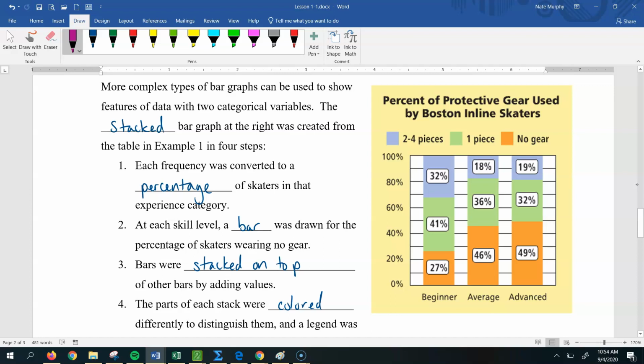Like you can see what percent wore 2 to 4 pieces in each of these different categories. And you can see, again, each of those different pieces of information. So I would take a minute to look at that. You're going to have questions in your assignment based on this graph, and you'll see the same graph in your homework or in your assignment for this lesson.